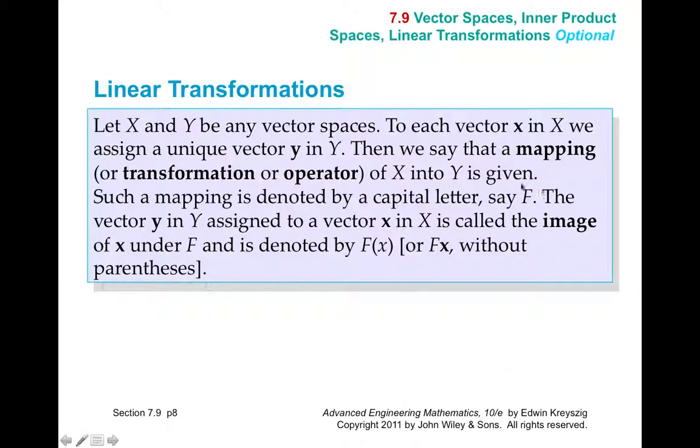So in this example, we're using capital F. So we have some vector Y in the vector space Y, and it's assigned to a vector X in the vector space X. If that's the case, we call that the image of X under F. So in other words, F is the function that's doing the transformation, X is the vector that's being transformed, and Y in a different vector space is the transformation. And sometimes it's used without parentheses. Another common use of this is the transformation of a unit vector system.